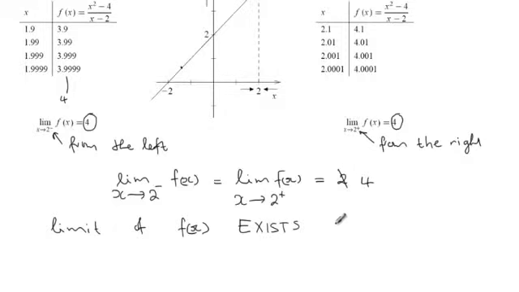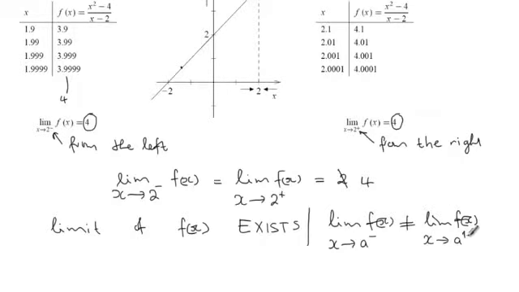We will say the limit of f of x does not exist when the limit of f of x as x is approaching a from the left, in this case I'm talking about any number a on the real number line, is different from the limit of f of x as x is approaching a from the right.